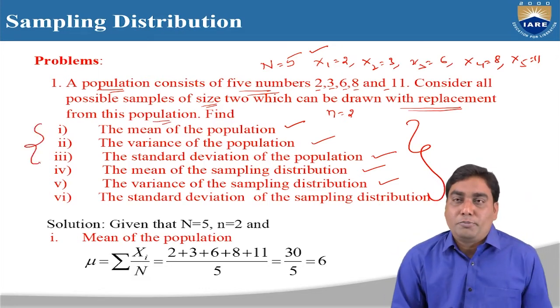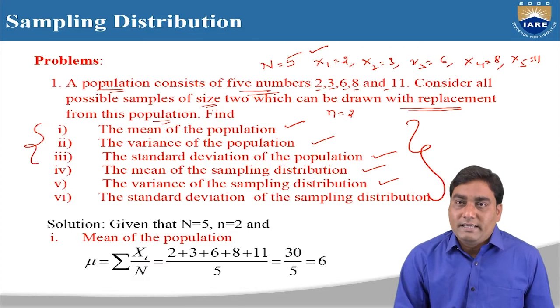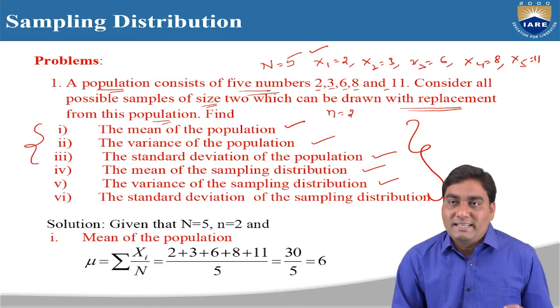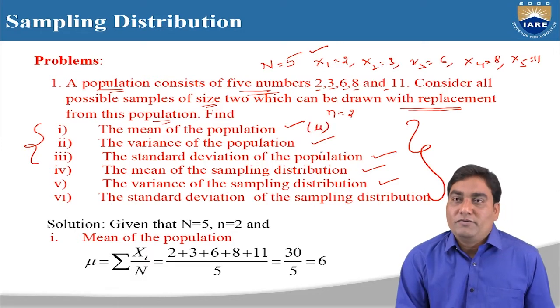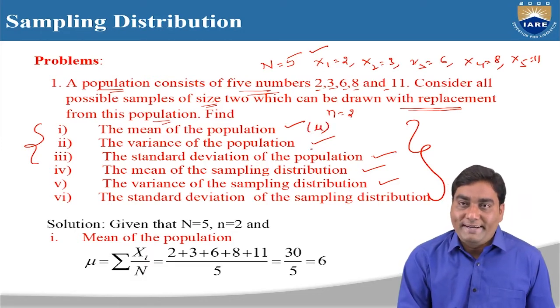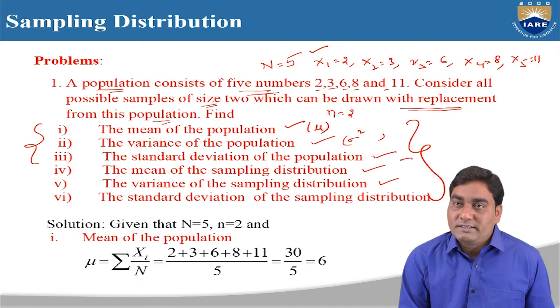If you observe in the problem, the first 3 are the mean, variance and SD of the population. Mean of the population, symbol mu, we should find out. The variance of the population, sigma square, we should find out. And the standard deviation of the population, sigma.